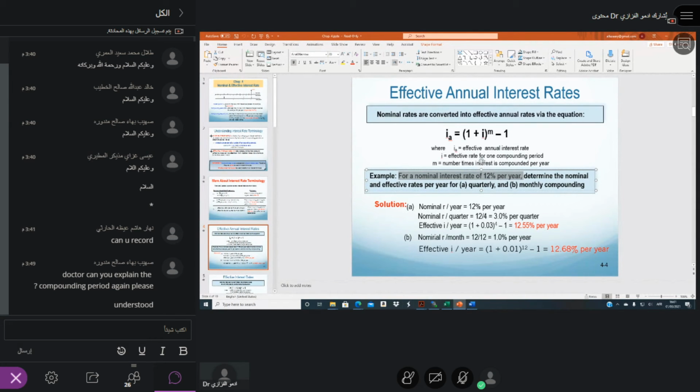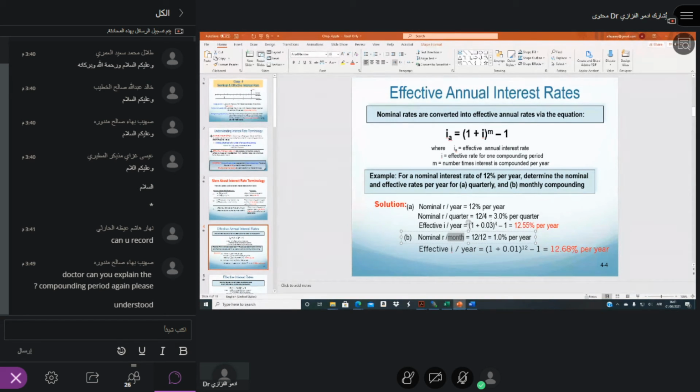And then the nominal monthly compounding that you are asked to find, the second one, is month over month. That is the quarterly, which is why you divide it by 4. Now you are dividing the yearly rate that you are given by 12 to get the nominal monthly interest rate.